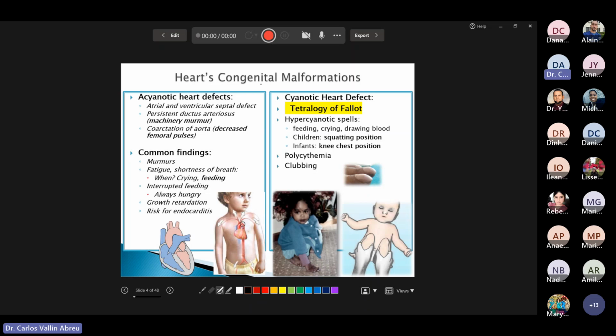So doing the exercise of feeding, the baby becomes overcome by the shortness of breath, the dyspnea of the heart failure, and then starts sweating and interrupts the feeding.